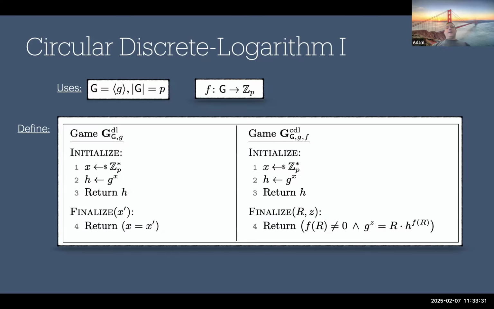For the game, just to compare, I have discrete log on the left, and on the right the adversary gets a discrete log instance and has to find a solution to this equation.